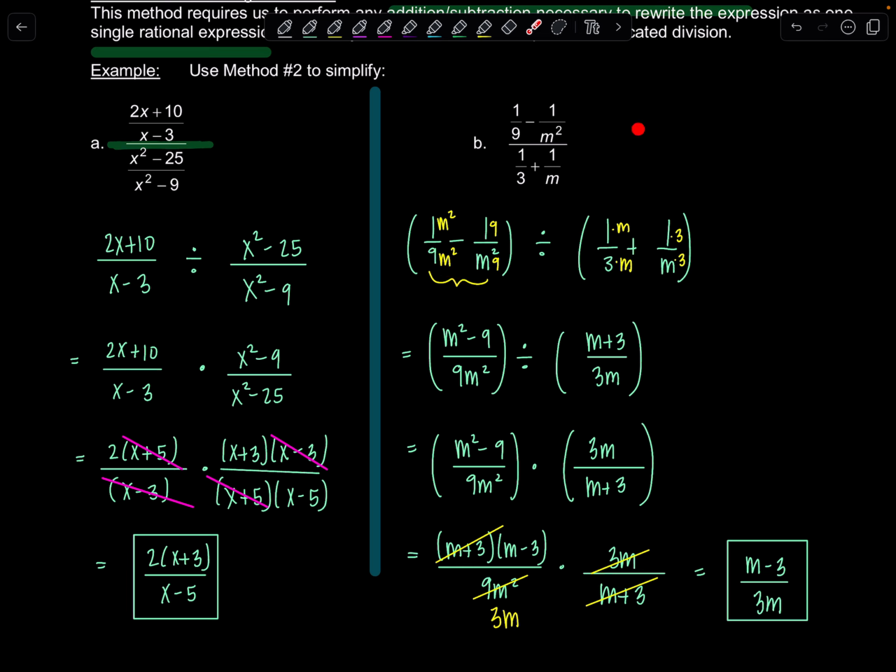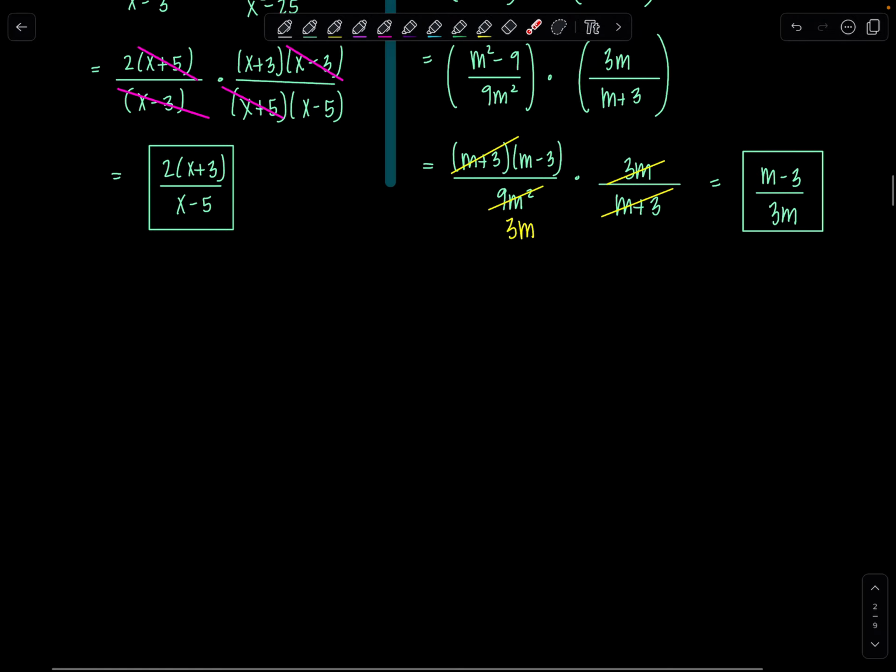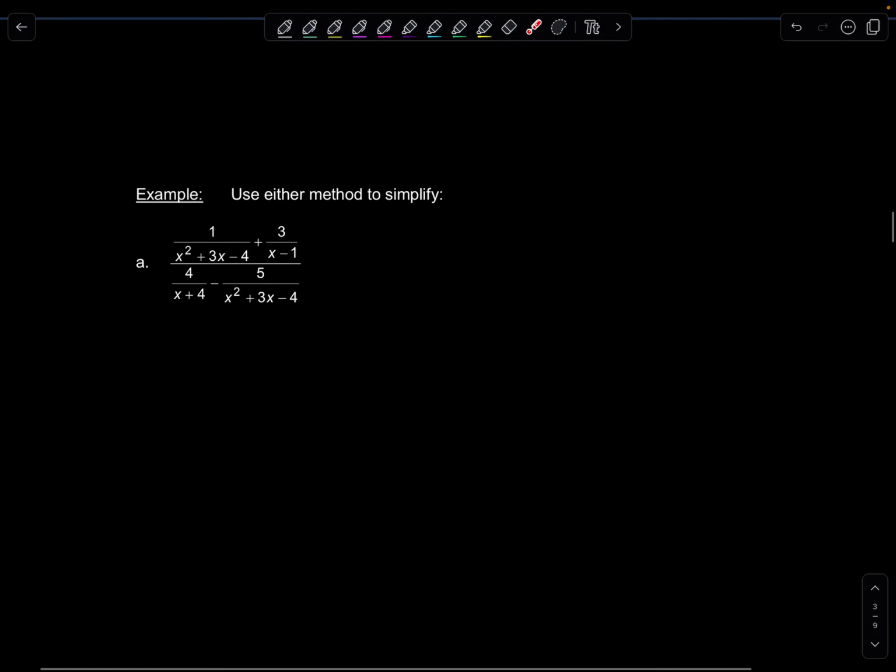So for this particular problem, I would like method 1 better. But if you only have one fraction in the top and one fraction in the bottom, method 2 is nicer. Again, both will always work, but we're looking to be efficient, right? Work smarter, not harder. I have a few more examples. We're going to say use either method, but we'll talk about which one's better, okay?